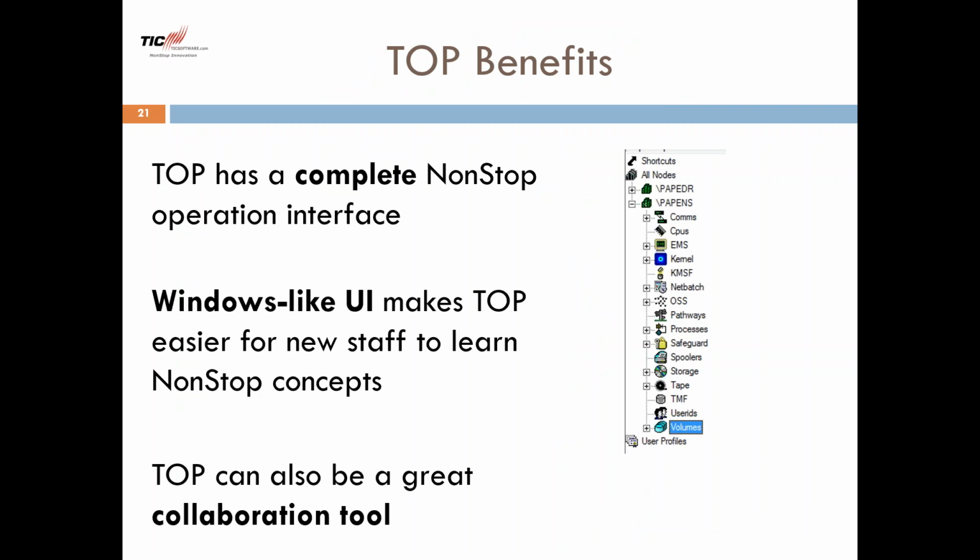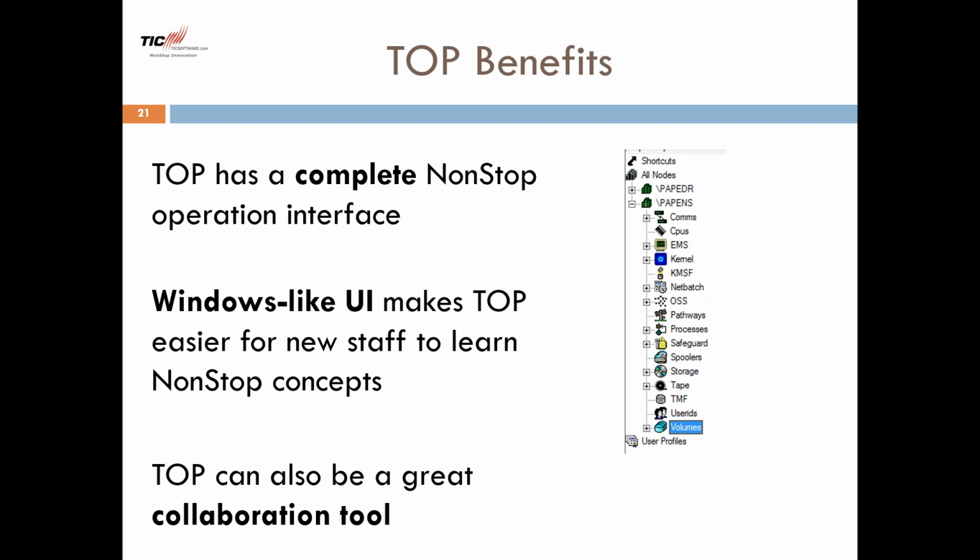What makes TOP different? There are different GUI products for NonStop. Some of you use MAMI, Prognosis, and other tools. One thing about TOP is that its focus is the operation interface.